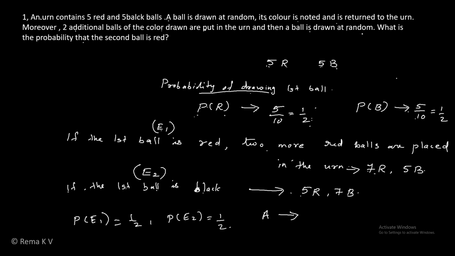That is, a second ball is taken from the urn. What is the probability that the second ball is red? So the event A is: the second ball is red. This is the event A. We have to find the probability of A.